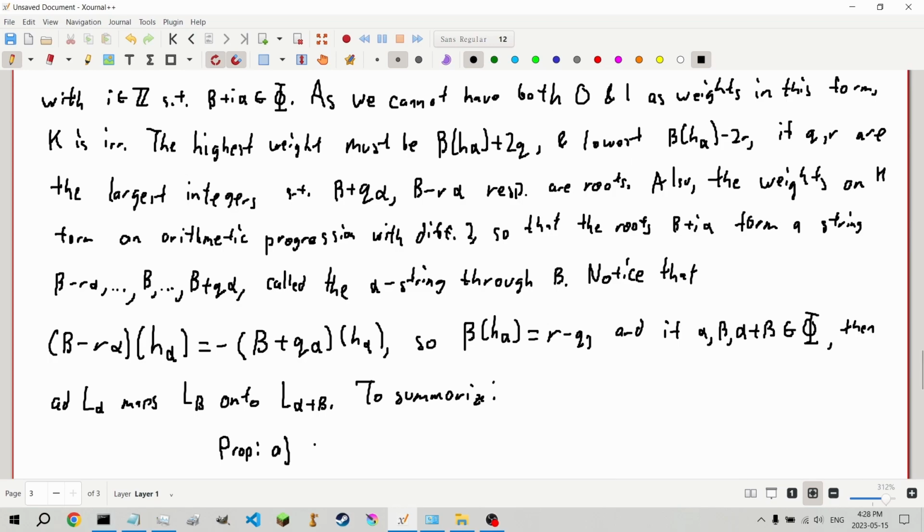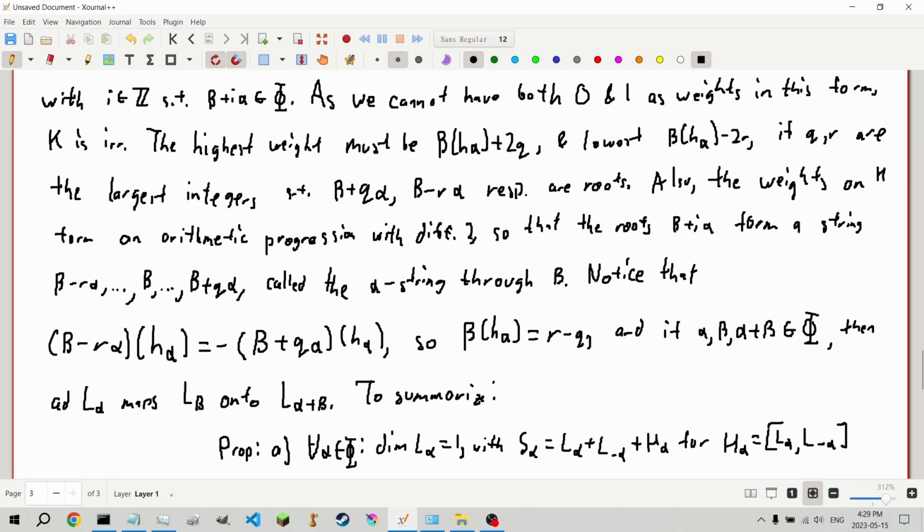Part A is that for all roots alpha, we have that the dimension of their eigenspace is 1, with S alpha being equal to L alpha plus L negative alpha, plus H alpha for H alpha being equal to the bracket of L alpha and L minus alpha.